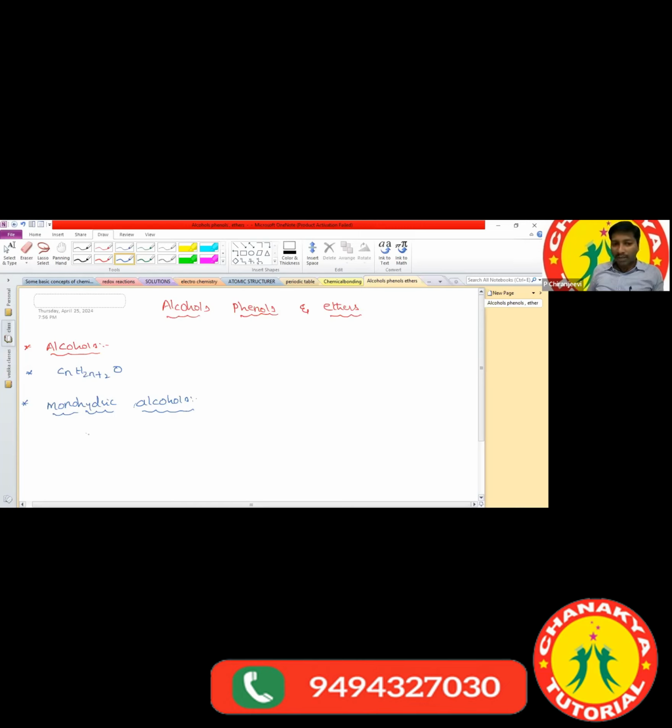Examples of monohydric alcohols are methanol, CH3OH, which we also call methyl alcohol, and C2H5OH, which we call ethyl alcohol.